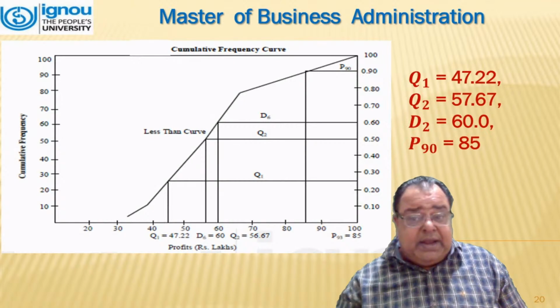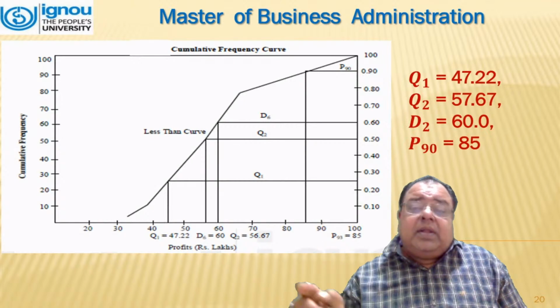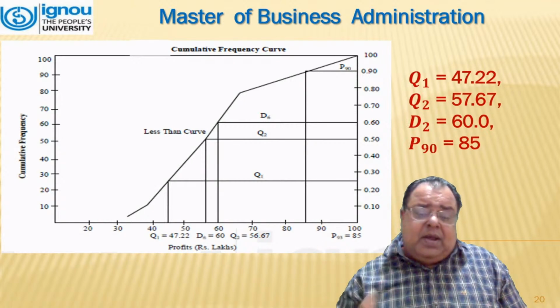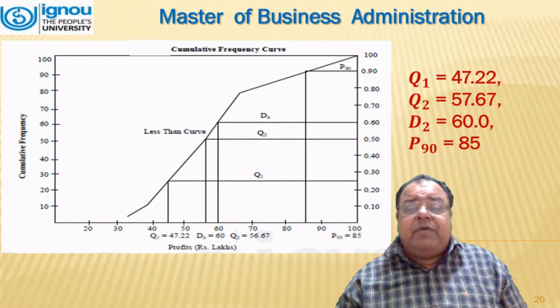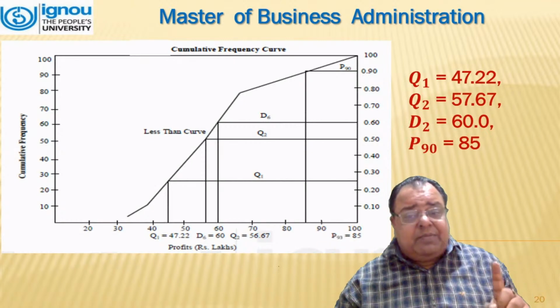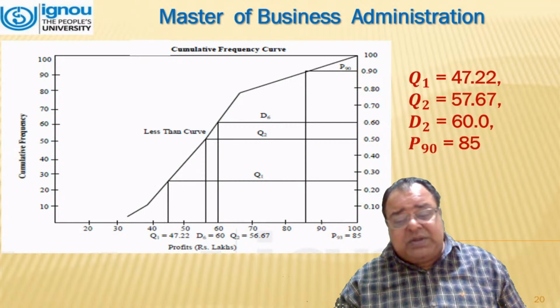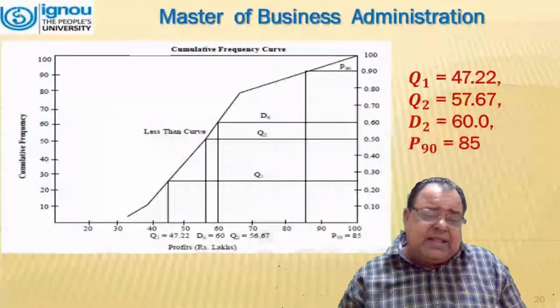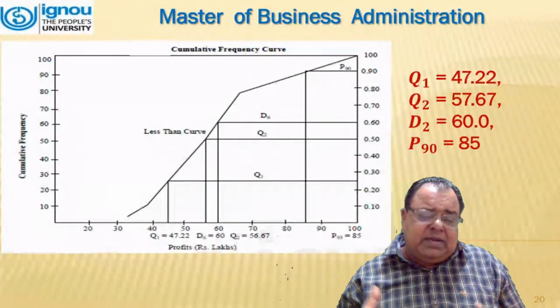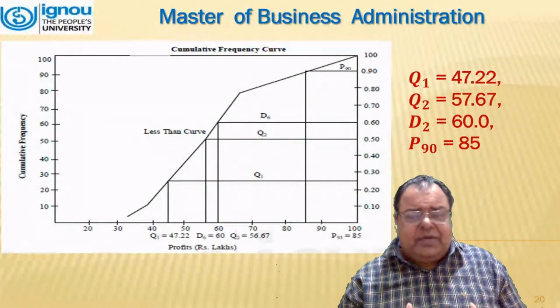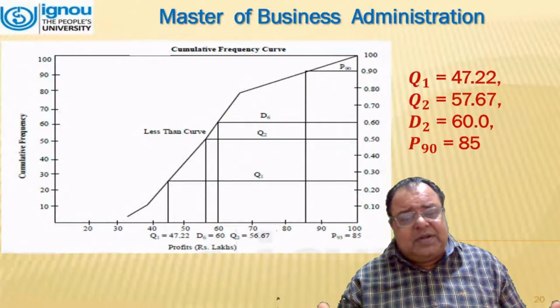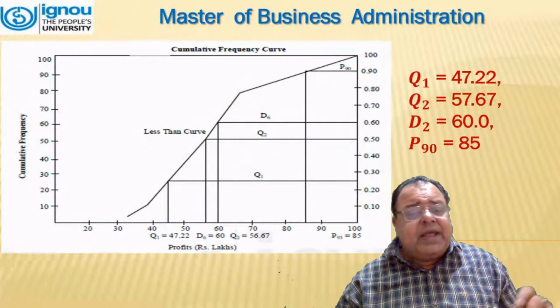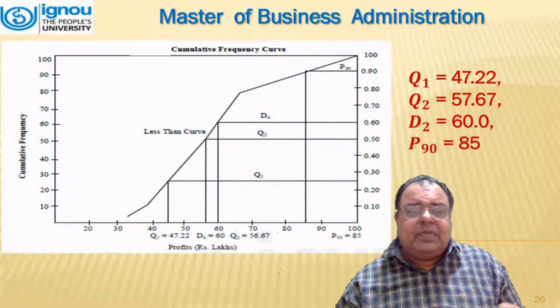For P90, at 90% at the top, we draw a line parallel to the x-axis where it meets the curve. From that point, we draw a perpendicular, which comes out to be 85. So we can see that just by simply drawing this graph, we can find the values without using any mathematical relation.